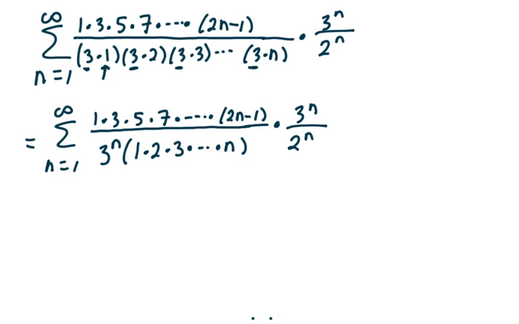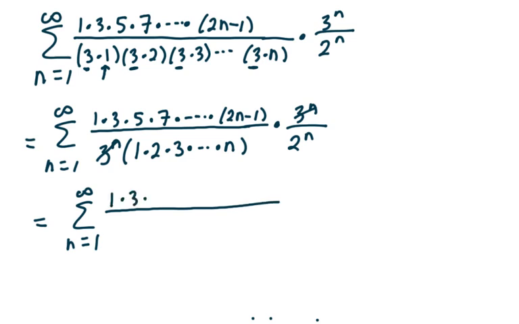Now, over here, the 3 to the n's cancel. And so, kind of like what we did in class, we're going to get 1 times 3 times 5 times 7 all the way through 2n minus 1 in the numerator. In the denominator, notice how we have n copies of 2.